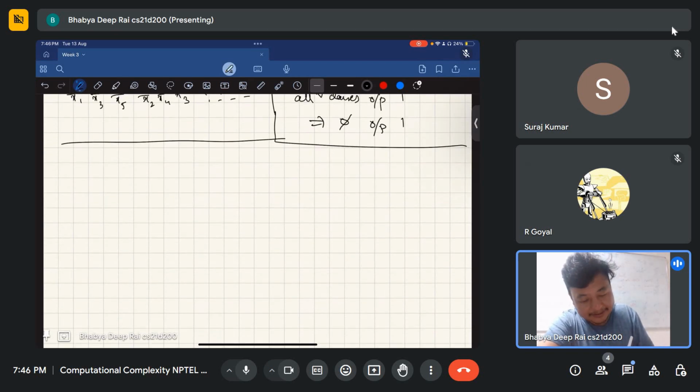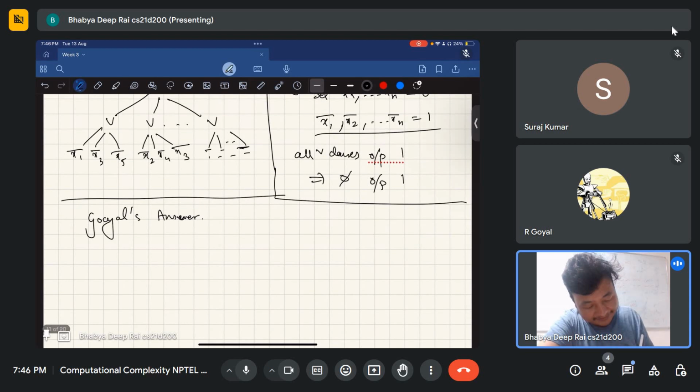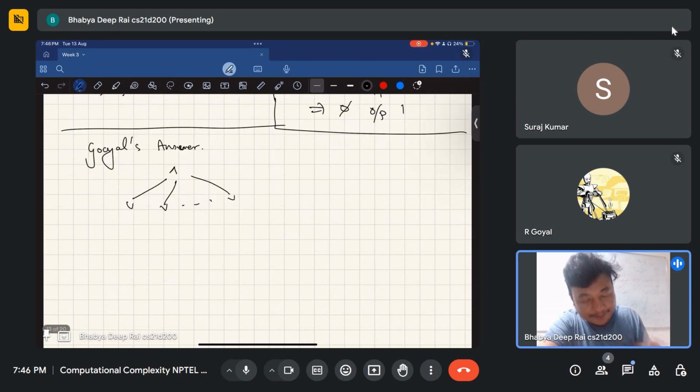So here is Goel's answer, and I found it very interesting. It converts the formula in the following way.